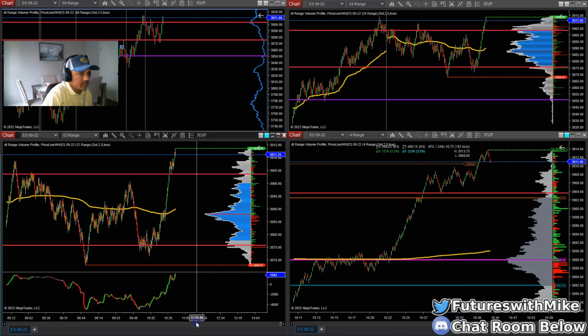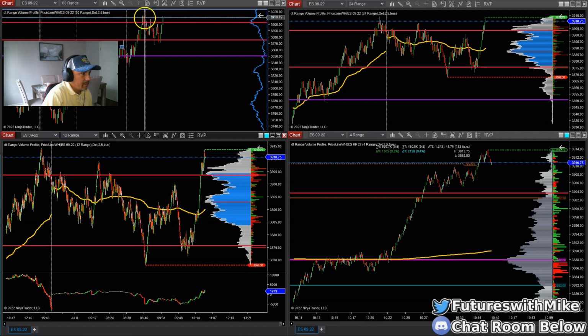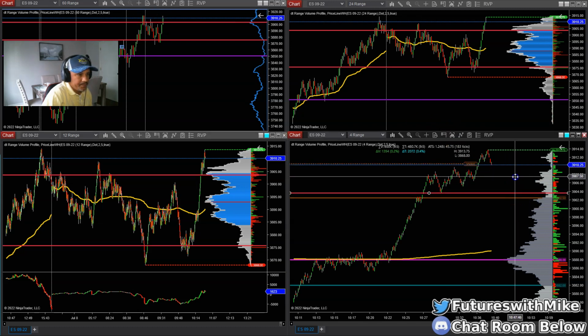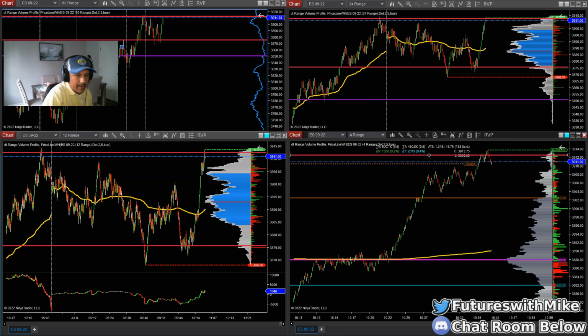Rejecting a small area right at the top here, the 12 range, which is the high of this little leg here off the 60. So it's breaking through it now. Maybe if we get a slight pullback to this area right here, I may go for a quick little scalp right there.